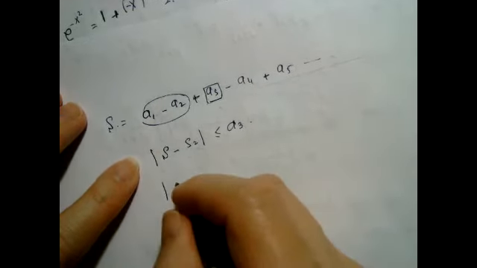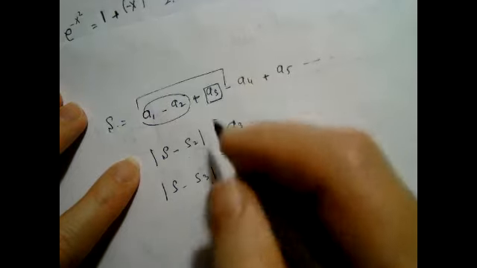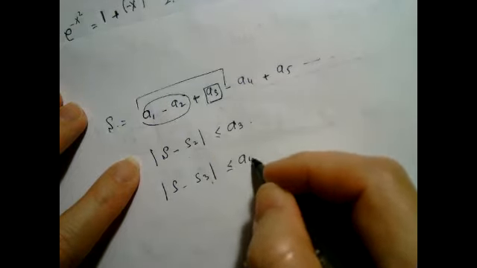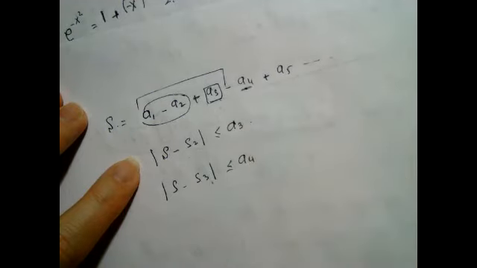If I use the first three terms to estimate the sum, the error is less than the first neglected term after S3, which is A4. That's what I'm using. Yeah. Okay, that makes sense.